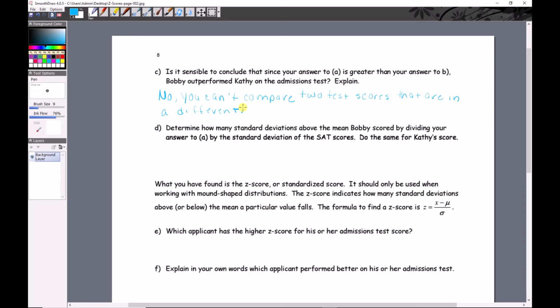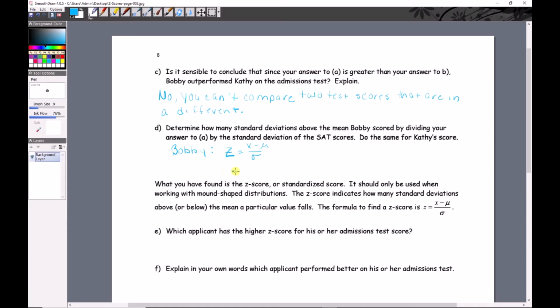If we standardize them, we're going to get these in standard deviation units, and since the SAT and ACT are purported to measure mostly the same thing, we can then compare. Let's start with Bobby. Z is going to be x minus mu over sigma.